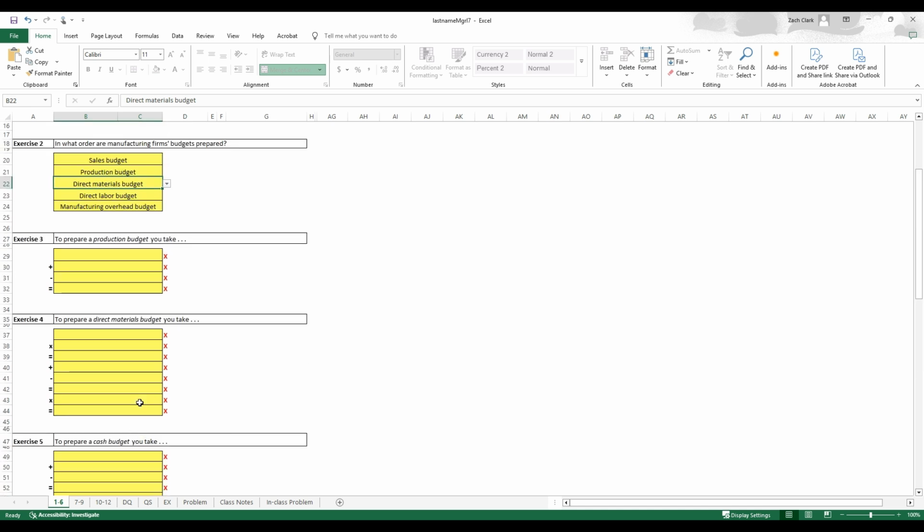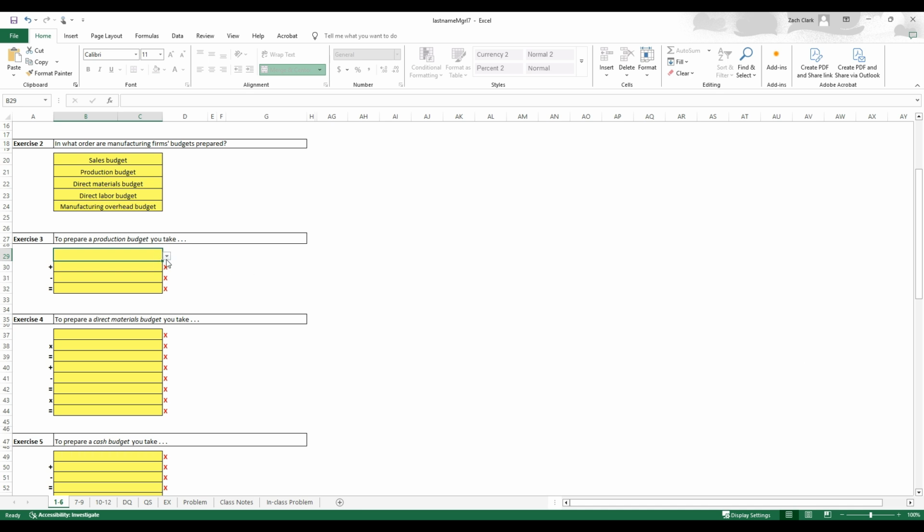This is our development all the way through production and the cost of producing the items. Now, keep in mind that if we were doing a full budget for the manufacturing firm, we would also need to include a selling and administrative expenses budget and a capital expenditures budget, and put those all together to create a full set of budgeted financial statements. But as far as these parts go, that's the first five steps of the budget there.